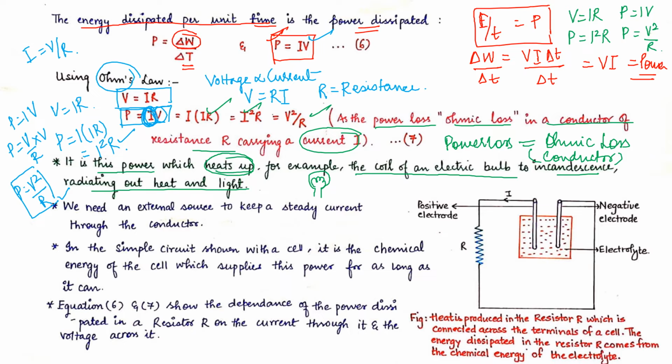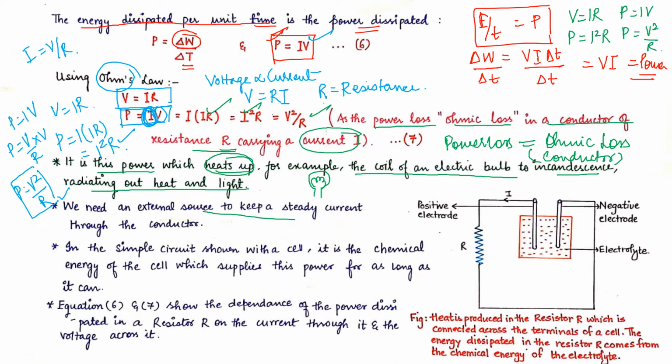Now we need an external source to keep a steady current through the conductor. Why do we need it? We just want to keep a steady current through the conductor, for knowing how this power basically works.